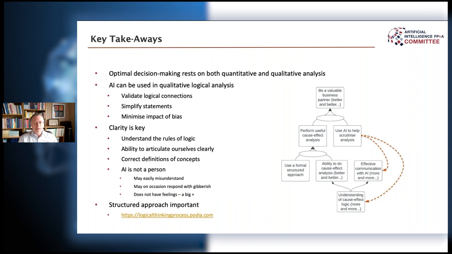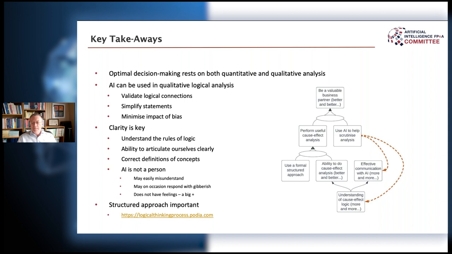So the key takeaways, basically, the way I see this, and I've done a little diagram here to demonstrate it. In order to be a valuable business partner, we need to be able to perform useful cause-effect analysis, and to use AI to help us scrutinize the analysis.